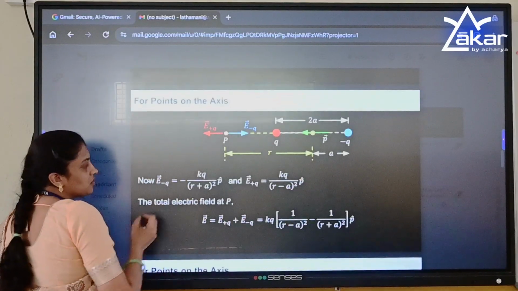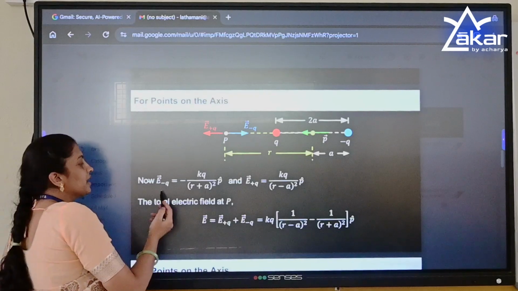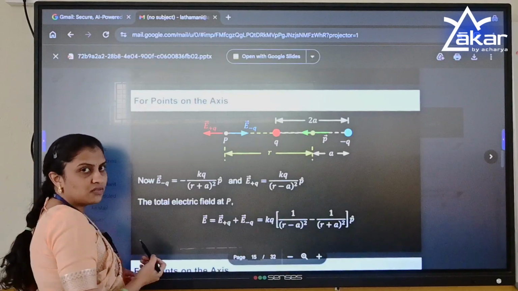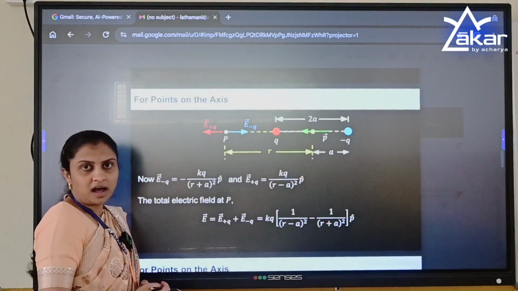Now we have to write the electric field for the positive charge and the negative charge. For the negative charge, we know the formula of electric field, 1 by 4 pi epsilon naught Q by R square.